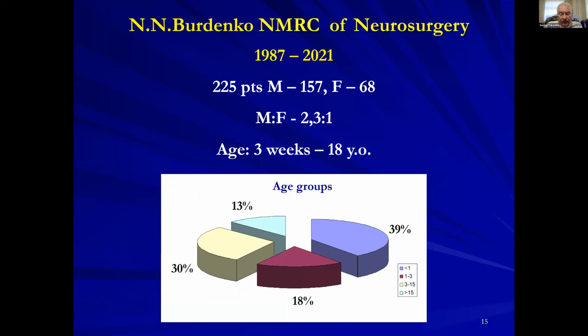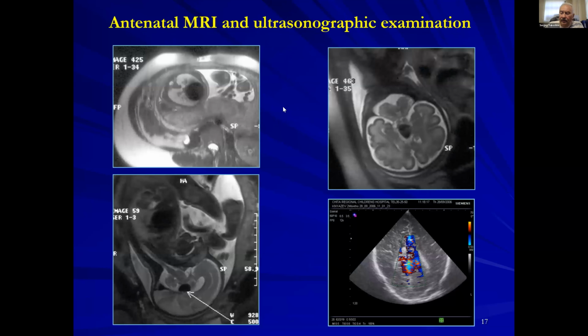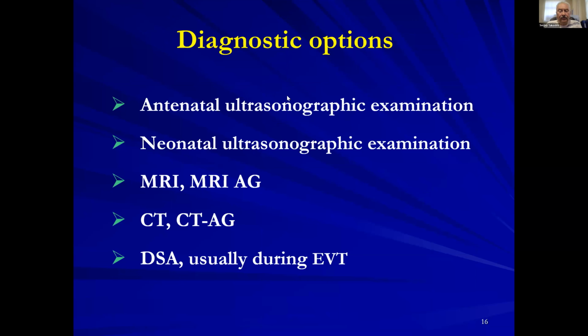Over 30 years, we have treated 225 patients, with a prevalence of male patients, aged from 3 weeks to 18 years old. The diagnostic options were antenatal ultrasonographic examination, neonatal ultrasonographic examination, MRI, CT, and BCA.